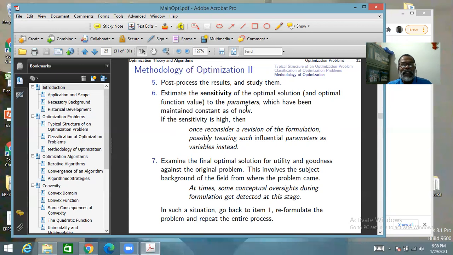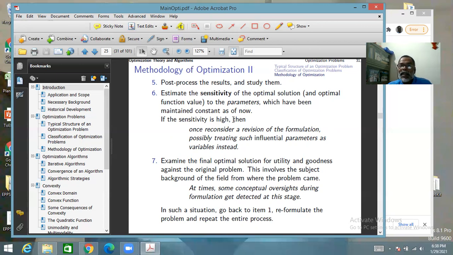Sometimes even without actually changing, you could estimate how the optimal solution would change if you change some parameters slightly. And that study is called sensitivity analysis. So estimate that sensitivity. If the sensitivity is high, that means changing this thing a little bit may result in gross advantage.